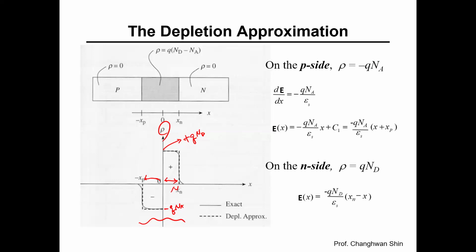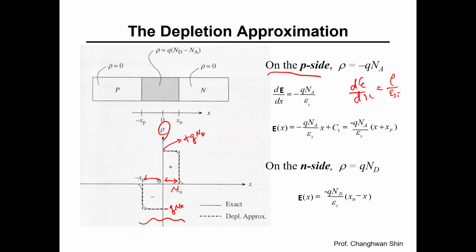So with this charge distribution, as shown in the slide, we can find the electric field by integrating Gauss's law. dE/dx is equal to charge density divided by epsilon sub S, the electric constant of silicon.